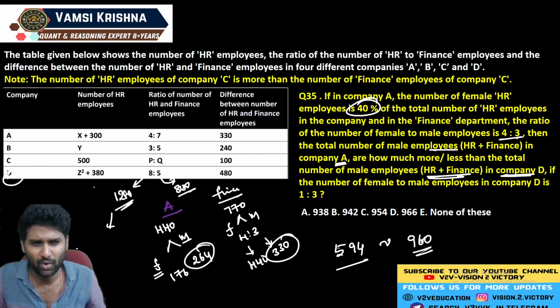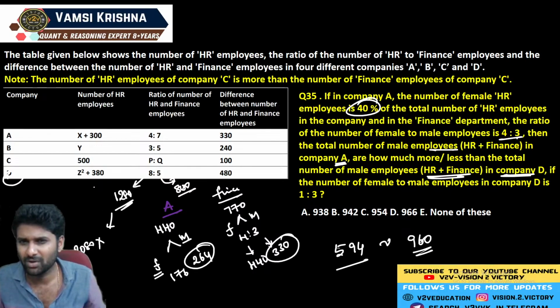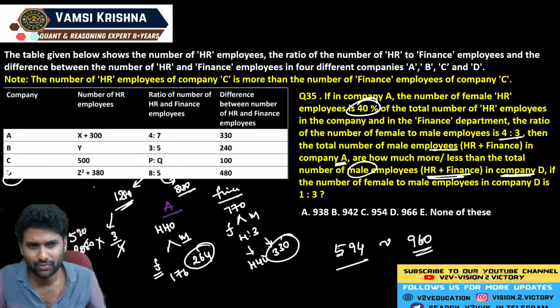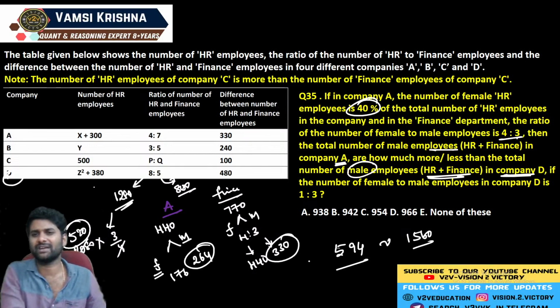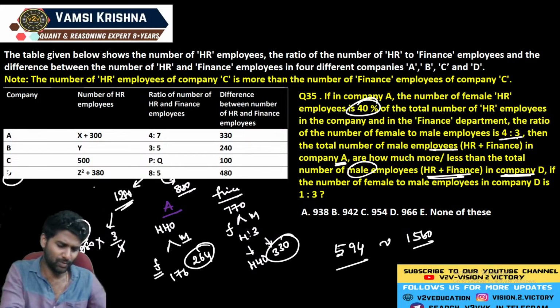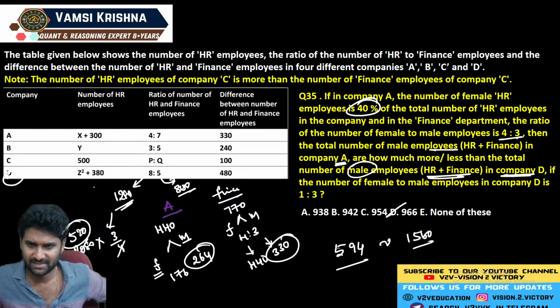So it's a value of 2080, and we need the number of male persons, right? So male persons is exactly equal to 3 by 4. 520 multiplied by 3. See, it's 1560. So just find the difference. You will get 6 as the units place. So option, check it out. Option is 966.